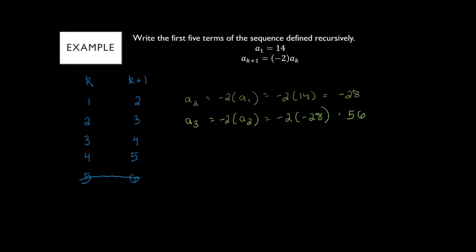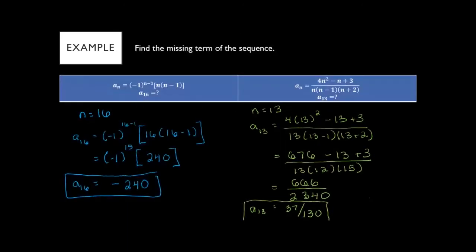The disadvantage to recursive formulas is if I told you to find the 16th term, in order to find the 16th term, you have to find the first 15, because you need to have the previous step in order to get that. We didn't need to do that when it's not written recursively, because we have the full formula, so you don't need to know all the previous terms in order to figure these out.